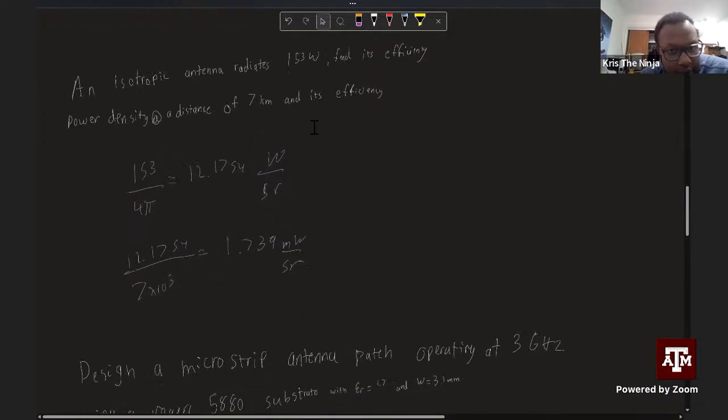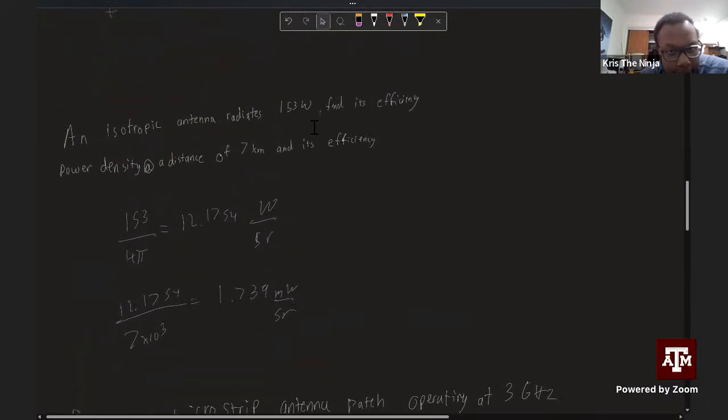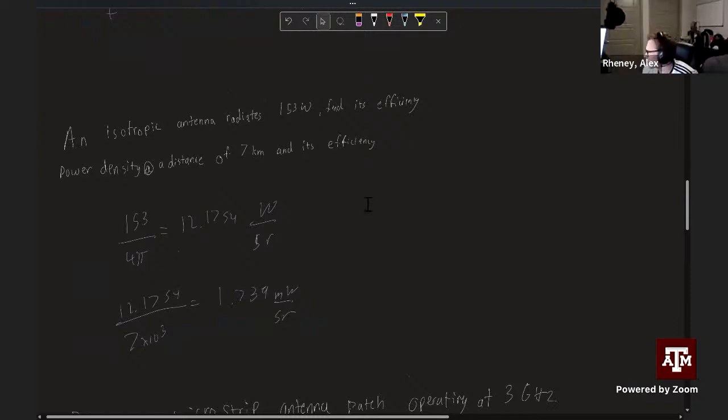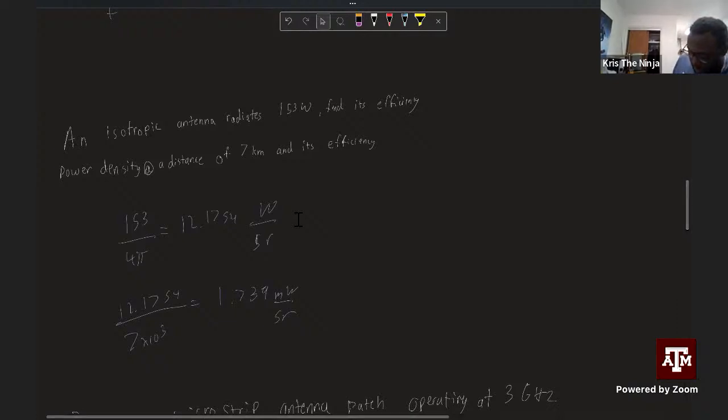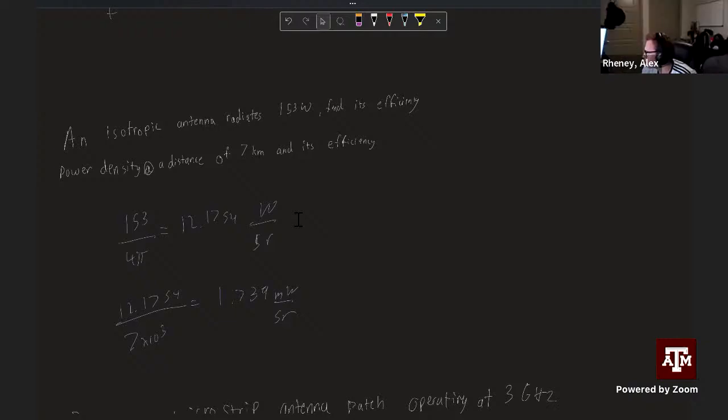I'm trying to figure out if I actually gave power transmitted and not power radiated. That's what I'm wondering as well, because it's a very similar problem to the homework 8 questions.